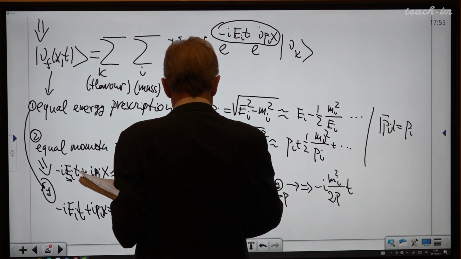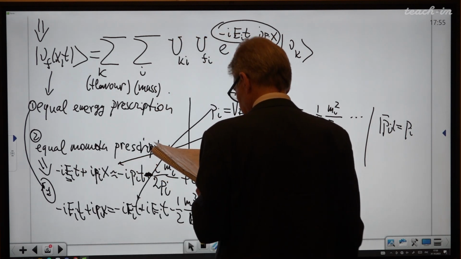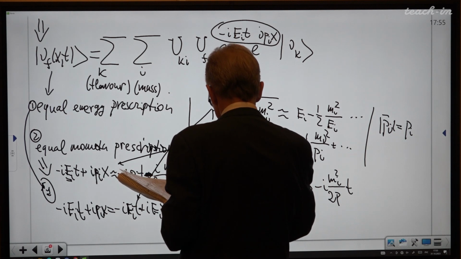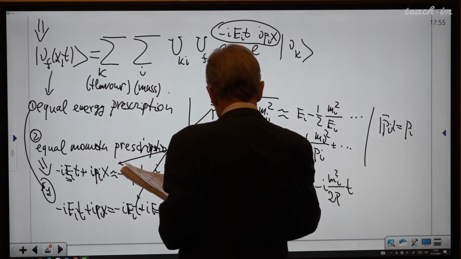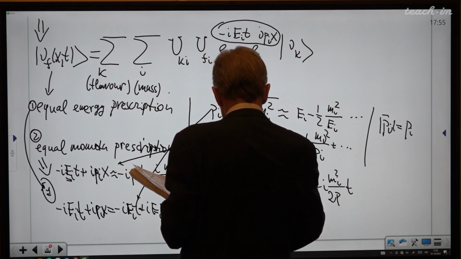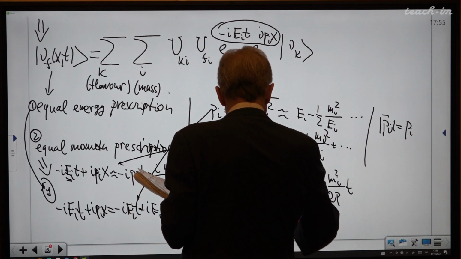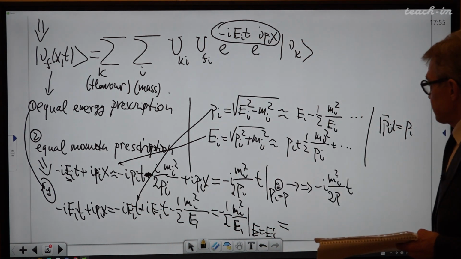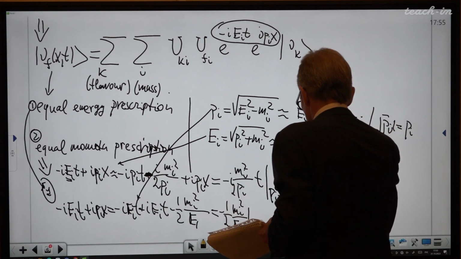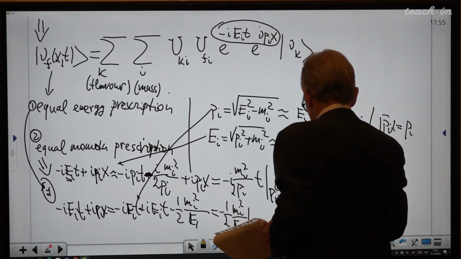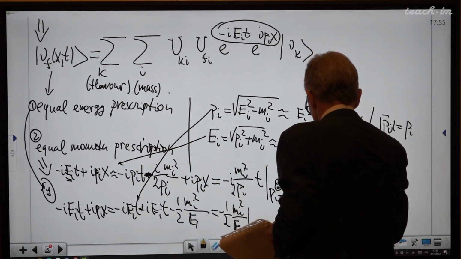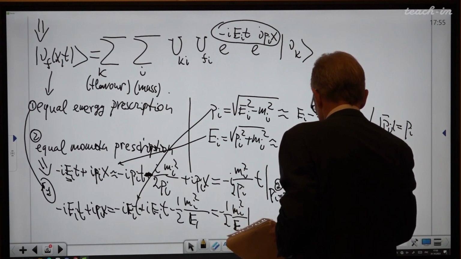Using the equal energy prescription, we get minus i m_i squared divided by 2 energy multiplied by t.